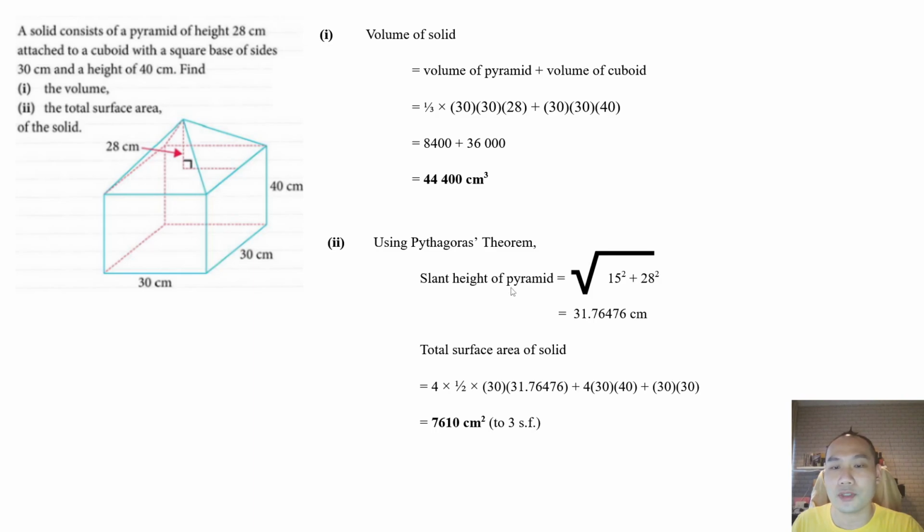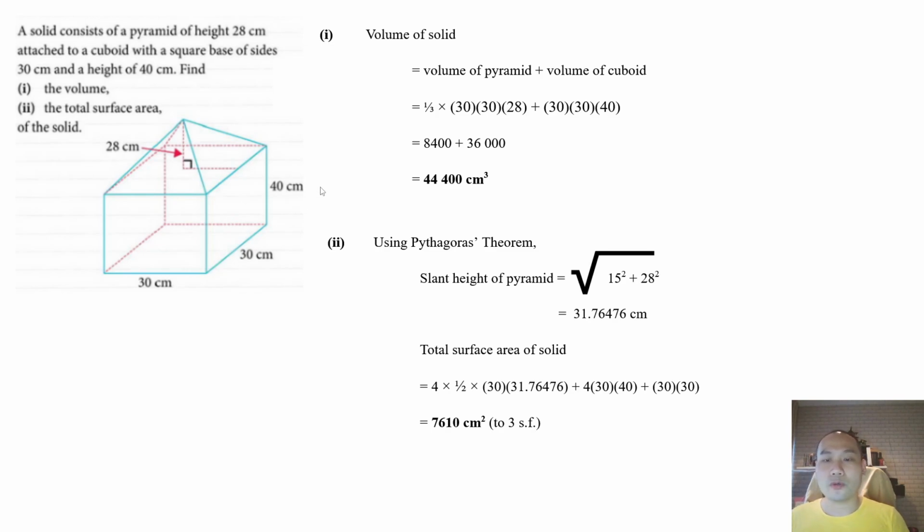The slanted height of the pyramid this time round will be square root of 15 squared, which is this side of the right angle triangle, plus 28 squared, which is this side, also the height of the pyramid. Then we square root it, which gives us 31.76476 centimeter.